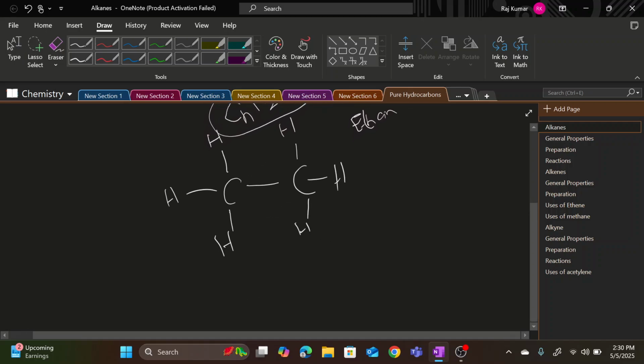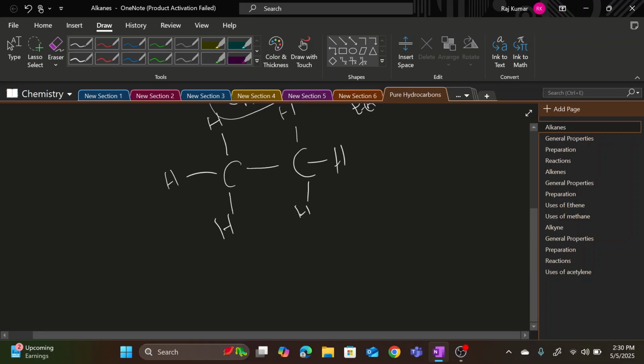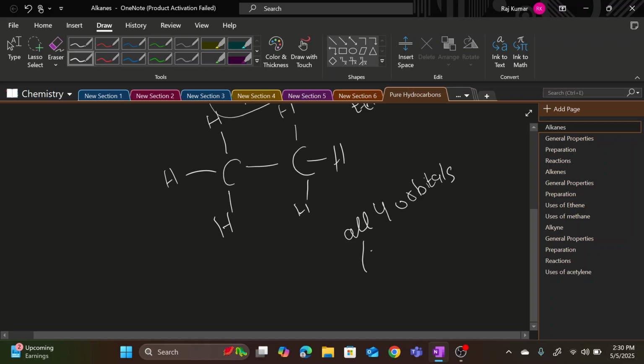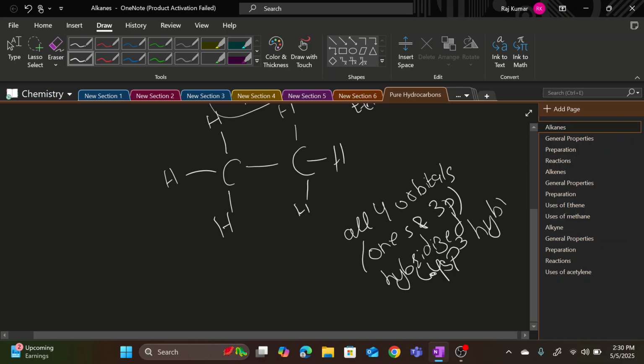Now when I look into its basic structure, it will have all four atomic orbitals, 1s and 3p, hybridized into four sp3 hybridized orbitals.